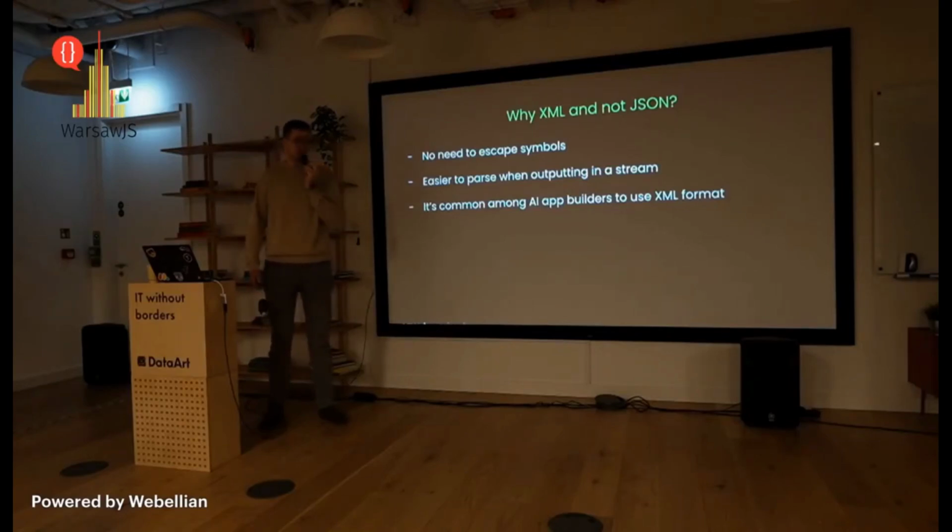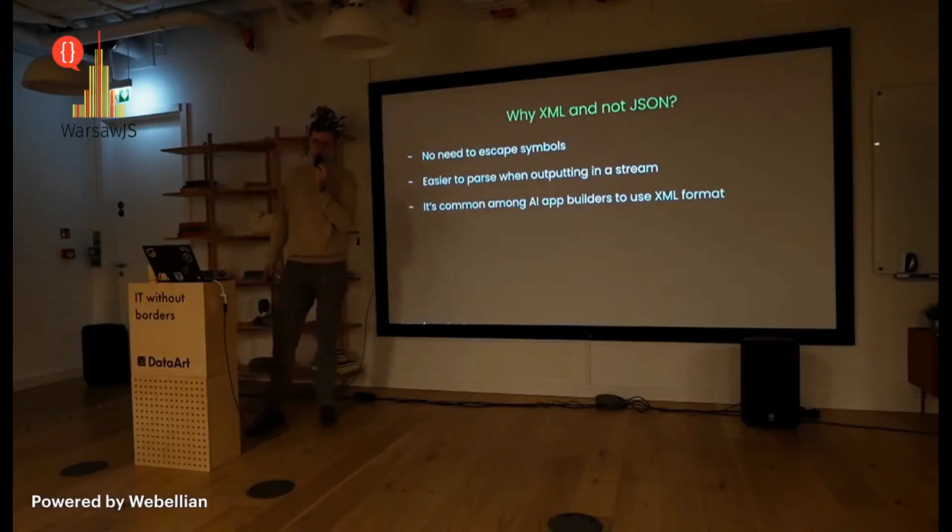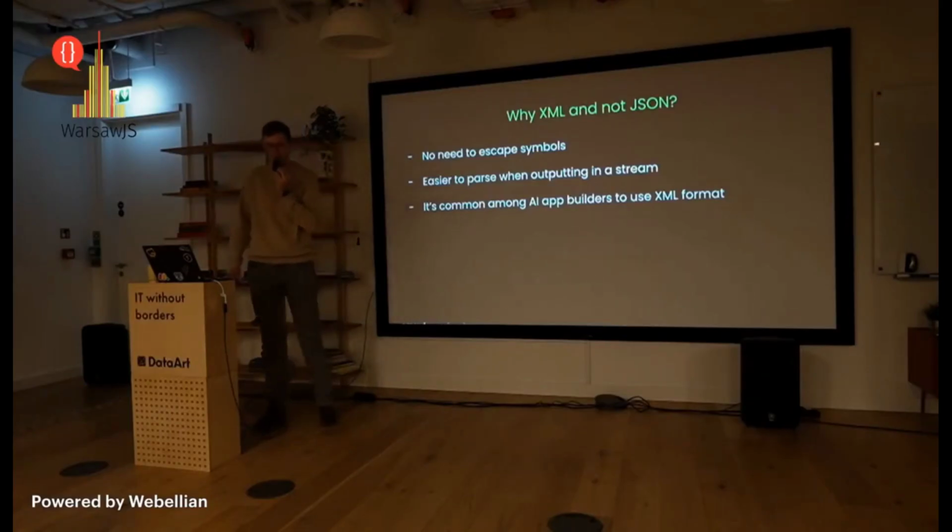And also, it might be a little bit easier to parse the response in a stream. When you're waiting for a response in a stream, you read character by character, and you can identify when some specific block starts. And also, other AI builders, which you can find open source on the internet, most of them are using a similar approach, maybe with slightly different names, but the idea is the same.